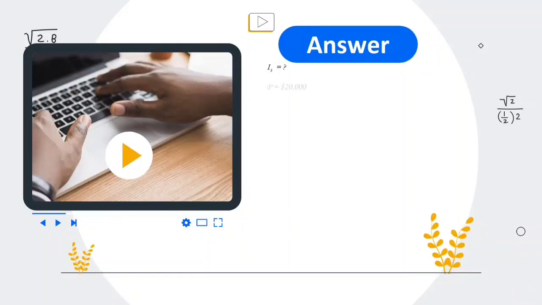The principal amount is given, which is $20,000. Now rate is 15%, converted to decimal, that's 0.15. And lastly, we have the term or the T, which is 3 years.